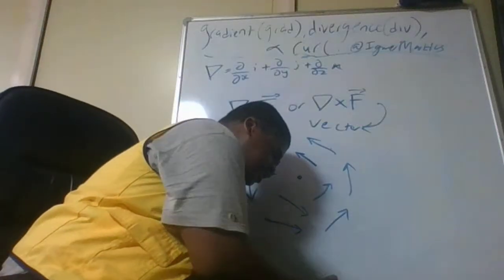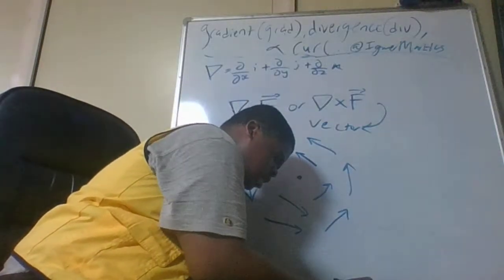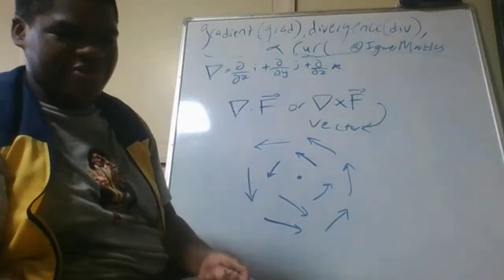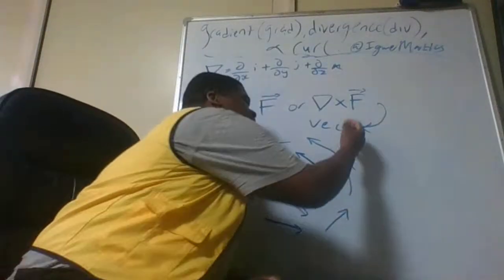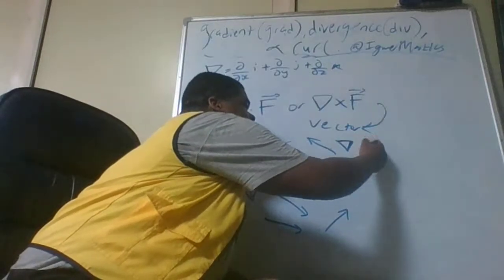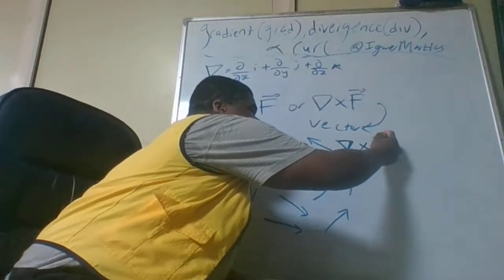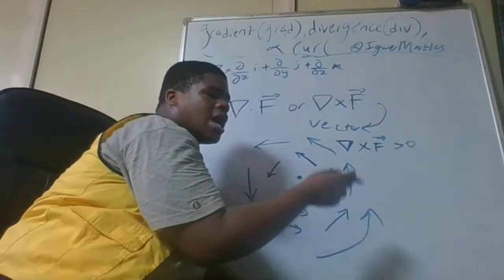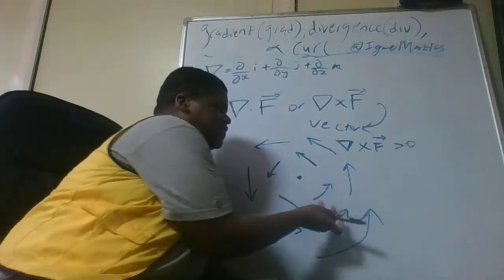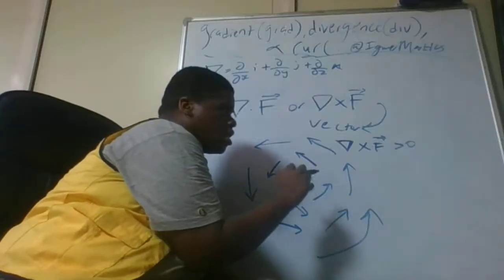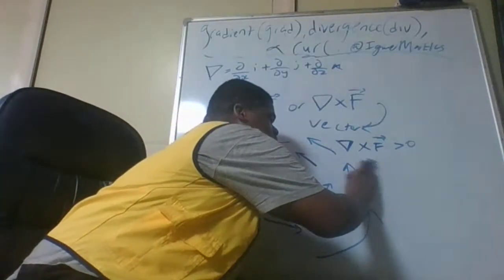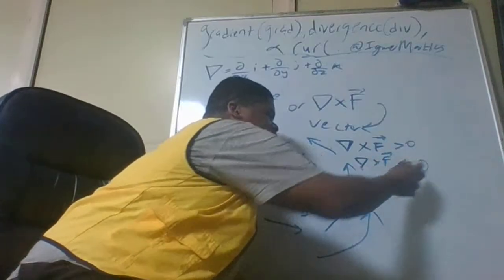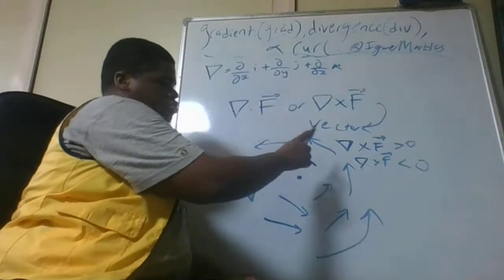Now this is what nabla cross F will tell us. If nabla cross F is greater than 0, then it rotates in the anti-clockwise direction. Its turning effect is in this direction. While if nabla cross F is less than 0, then it's rotating in this direction.